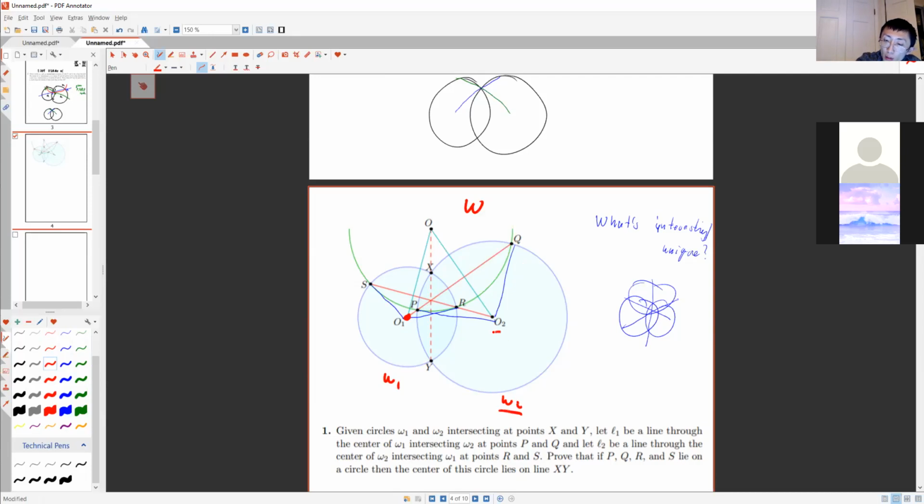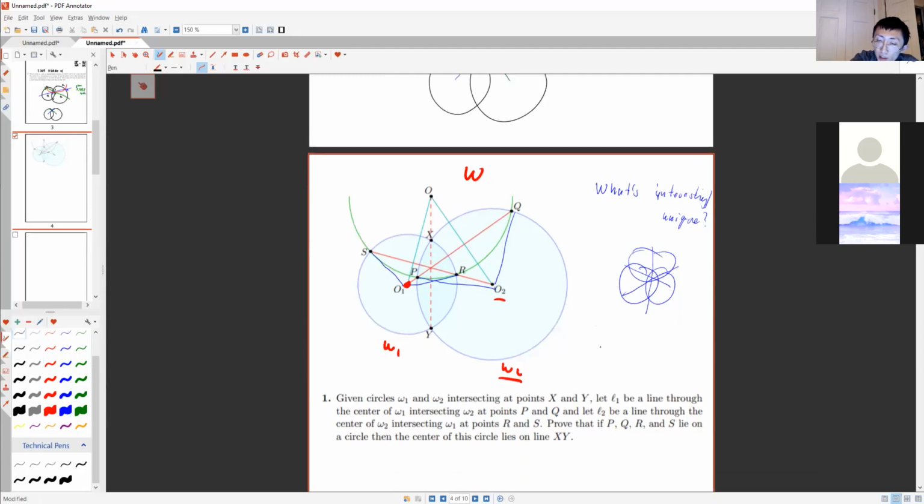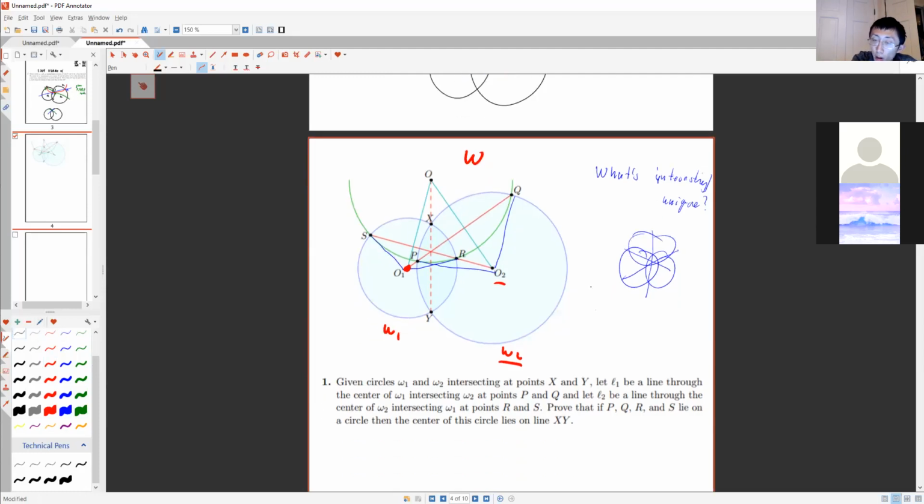Same for O2, right? It lies on the radical axis of the other two circles, omega 1 and omega. So that's the unique thing. So we have to use that, this unique piece of information that's more info than the usual radical axis statement.